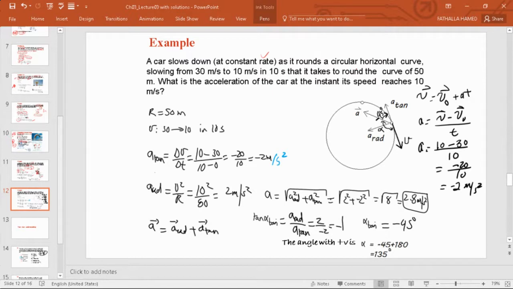As it rounds a circular horizontal curve, slowing from 30 meters per second to 10 meters per second, I'm just talking about the tangential here, which is the change in the speed, that it takes to round a curve of 50 meters. What is the acceleration of the car at the instant its speed reaches 10 meters per second?